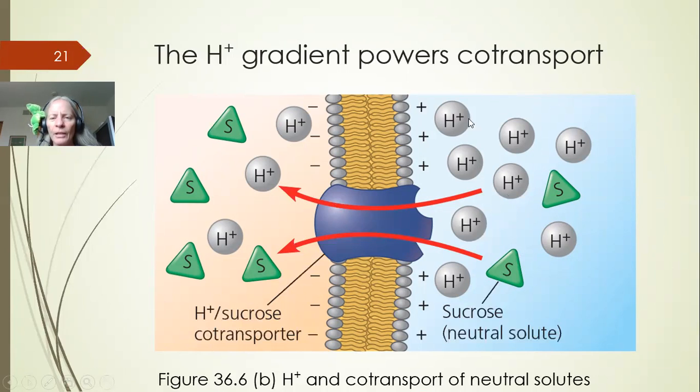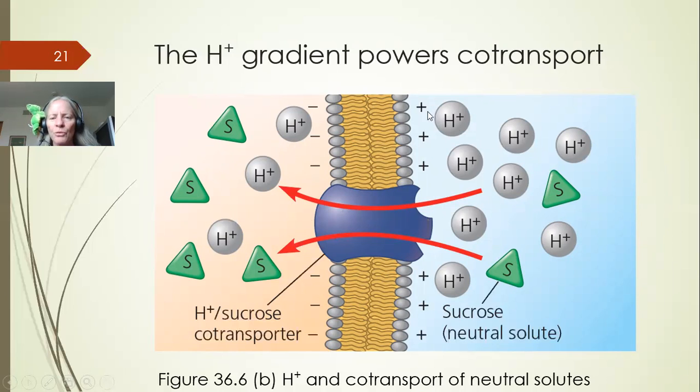Notice that the hydrogen ions are going to move down their concentration gradient from a high concentration to a low concentration, but the sucrose molecules are moving from where they have a low concentration to where they have a higher concentration. So the sucrose is being moved against its concentration gradient, and the energy that's providing that is the membrane potential, the difference in charge between the outside of the membrane and the inside of the membrane.